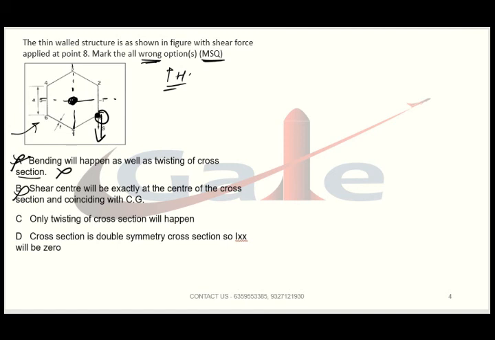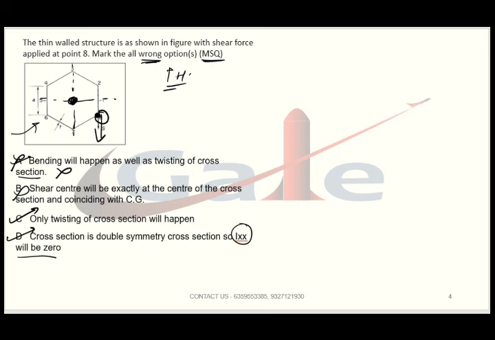Option C says only twisting of the cross section will happen. This is the correct option as far as the question is saying, pick the wrong option. And option D says that the cross section is doubly symmetric, so IXY will be 0. So this is also correct.